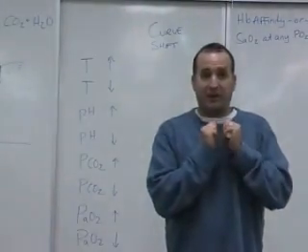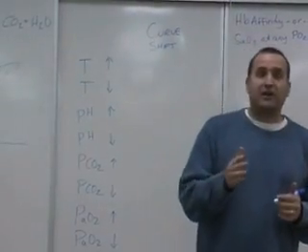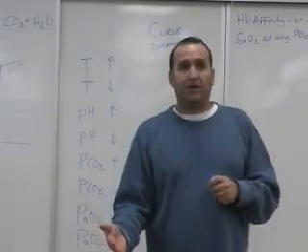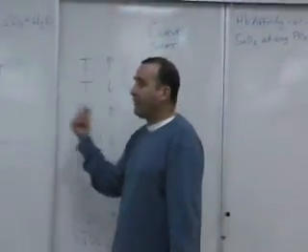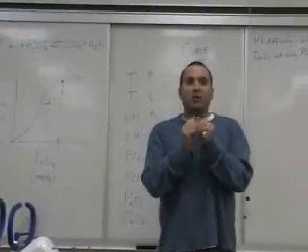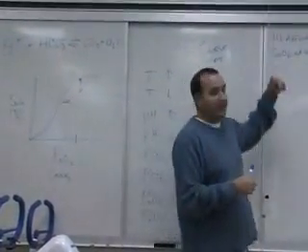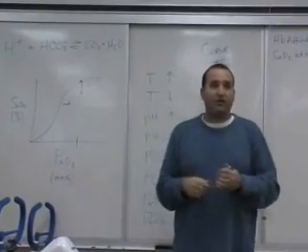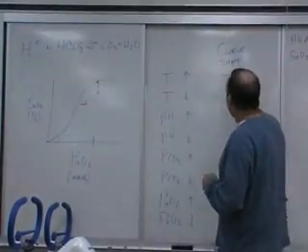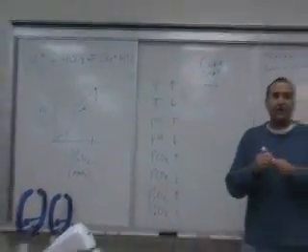We'd rather have hemoglobin let go of oxygen so it can diffuse to the mitochondria. Does that make sense? Okay, so which way would the curve have to shift for hemoglobin to become a weaker magnet, for hemoglobin affinity to go down? Would the curve have to shift to the left or to the right? To the right.